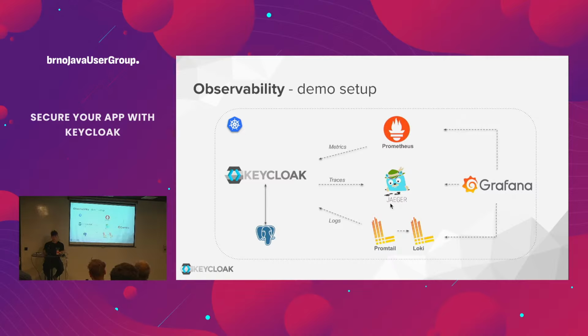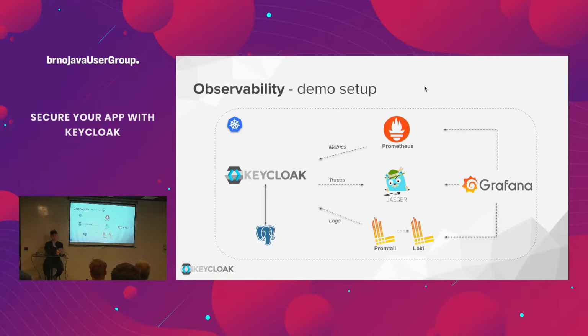Everything is collected by external backends like Prometheus, Jaeger, or Loki, and then displayed in Grafana dashboards. So you have everything on one screen, and you can check what is wrong and find out the cause.